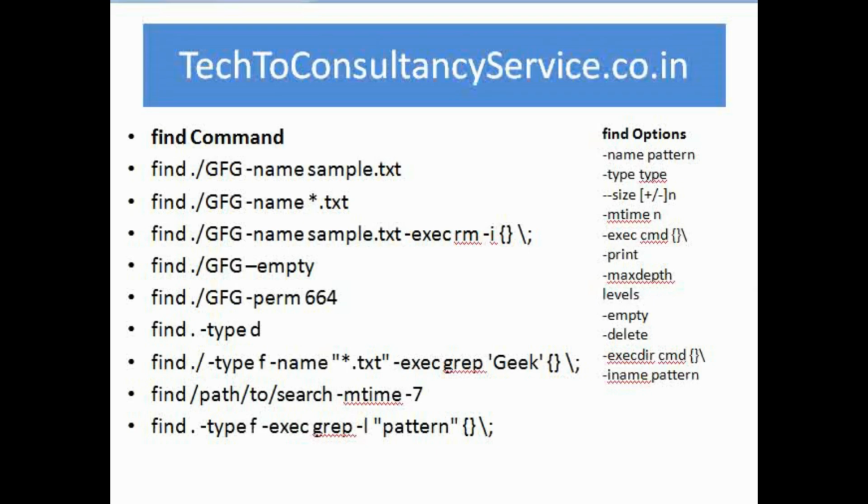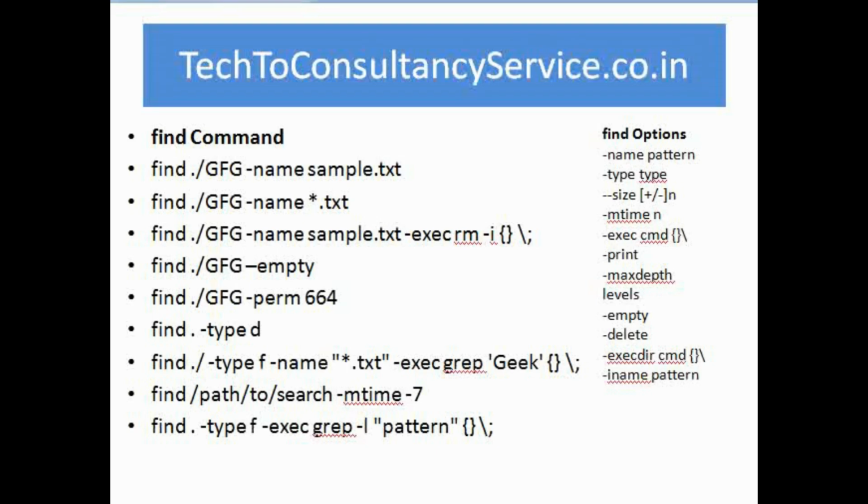Let's see what the find command does. Find has various options like name with the pattern, type with the type of the file, size, modified time, creation time, access time, and exec. You may want to execute certain commands on certain files, or print certain files, or control how much depth to search: first level directory, second level, third level.